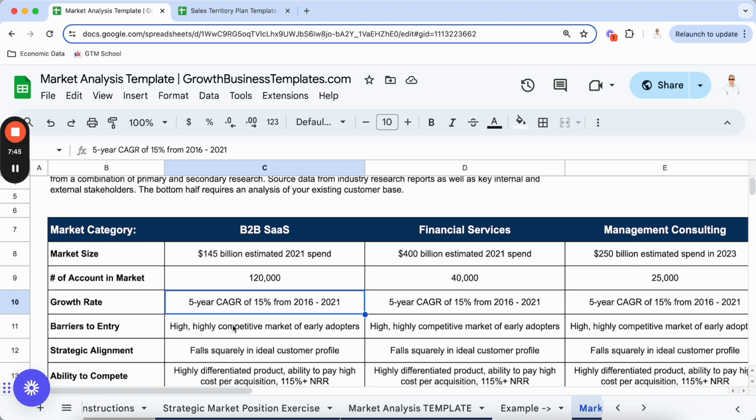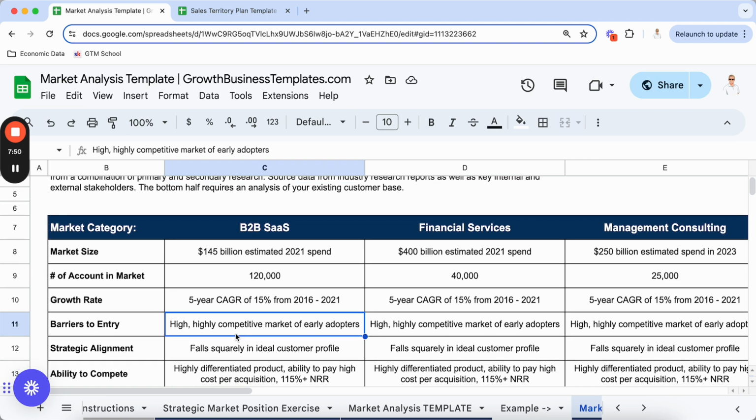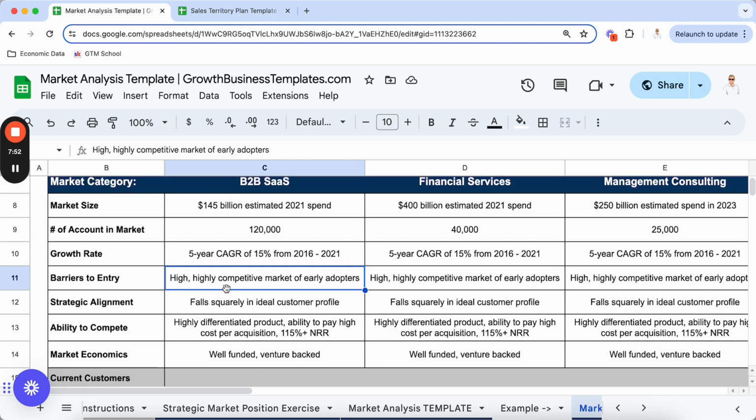The next is barriers to entry. So how difficult is it to get into that market?